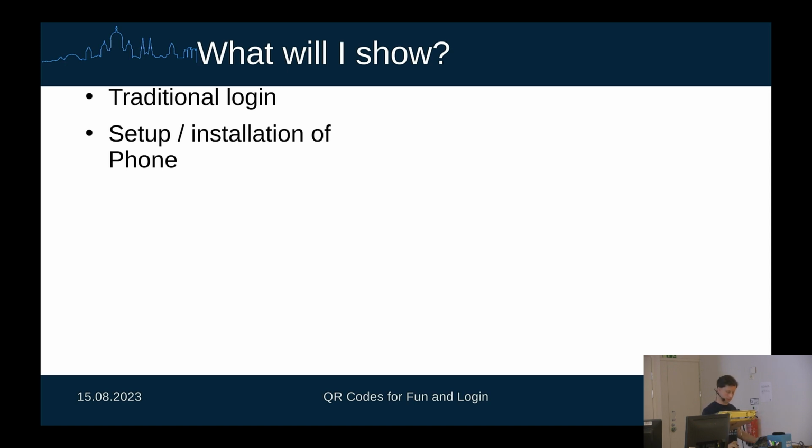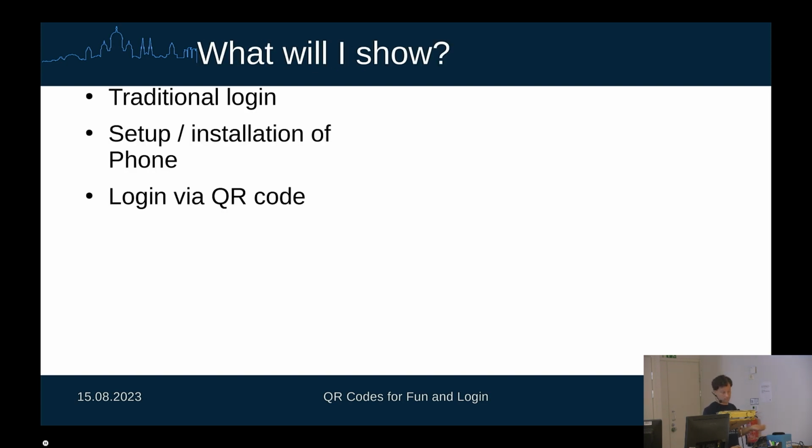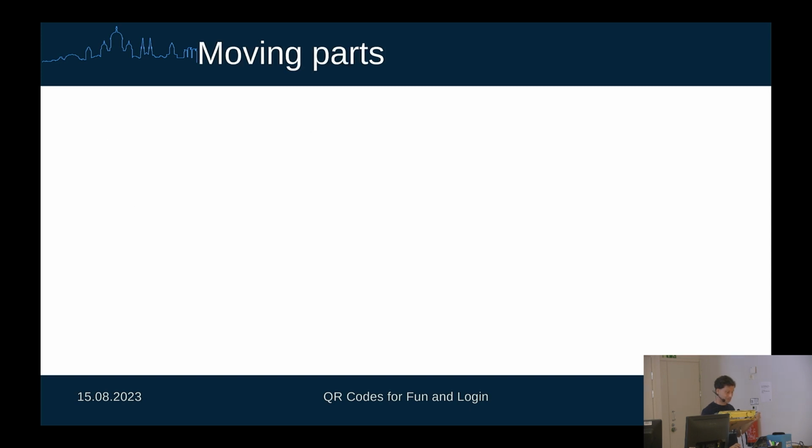You can just download and install it directly, and it's just written in JavaScript. And yeah, then I log in to the website on my desktop by photographing the QR code with my phone. And that's the whole plan.